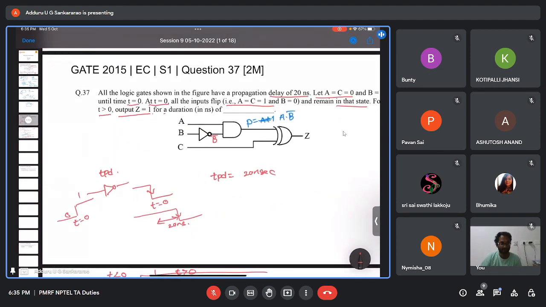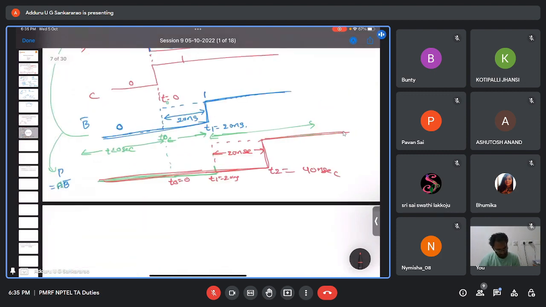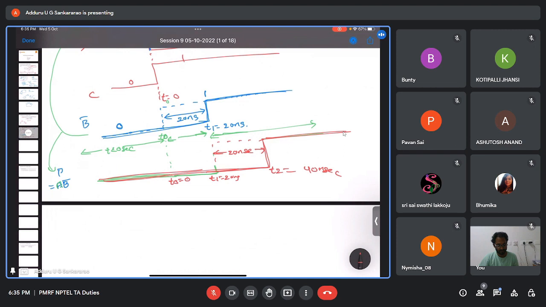Now what is the next one? You see the XOR gate. What are the inputs for the XOR gate? C and P are the inputs for the XOR gate and Z is the output.